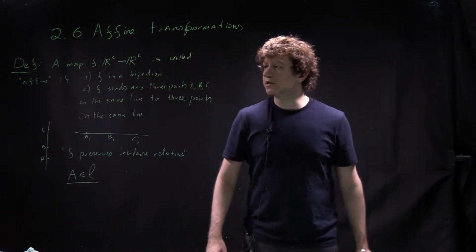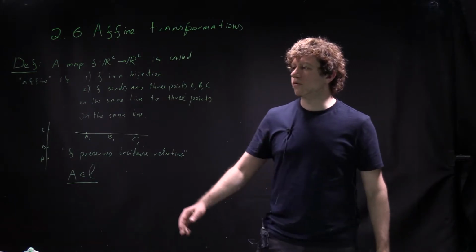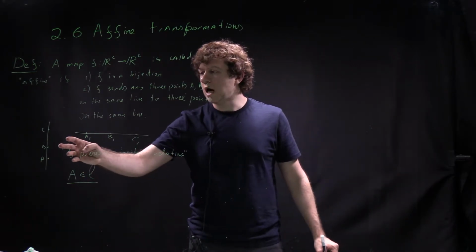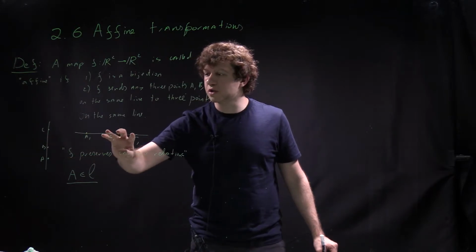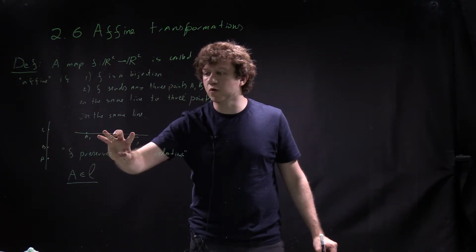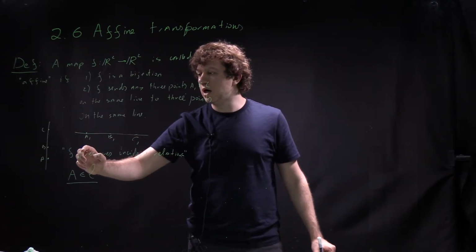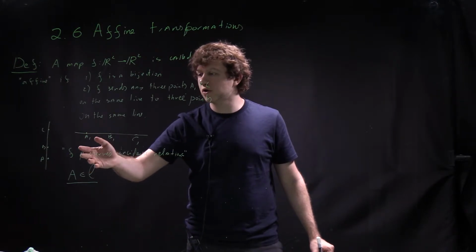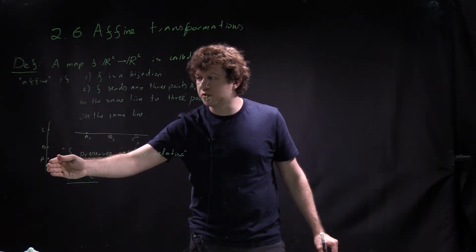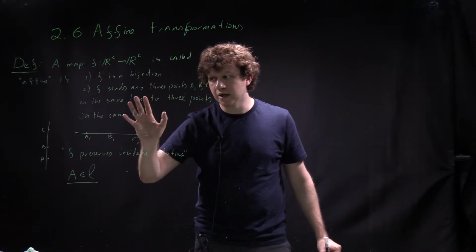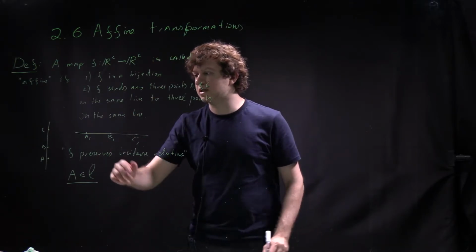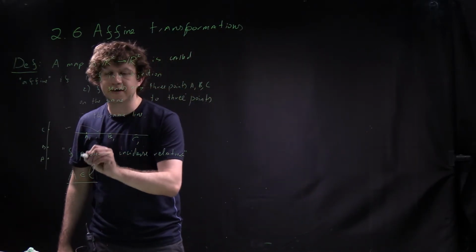It's not quite true that it follows immediately from here, because a priori I just know that 3 points on the same line go to 3 points on the same line, but it's not obviously clear that all points on this line will go to points on this line, and maybe there are some other points which will go to this line as well.